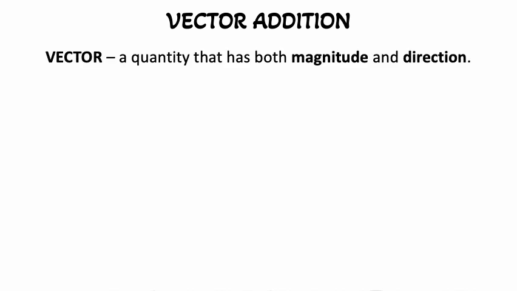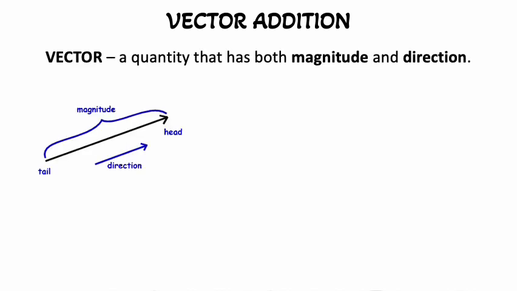Before we proceed to those examples, let's talk first about vector addition. When we say vector, again, it is a quantity that has both magnitude and direction, and it is represented using an arrow with a tail and of course a head. The length of the vector represents its magnitude.